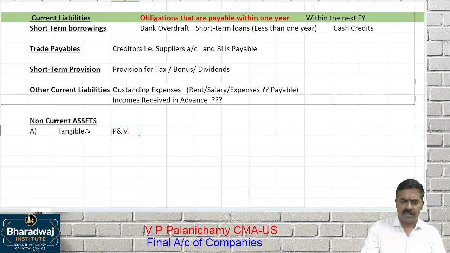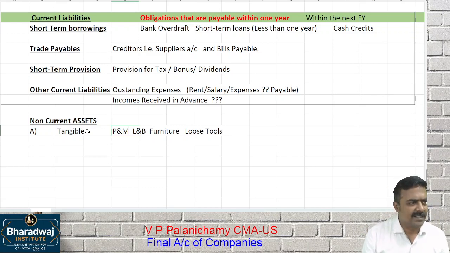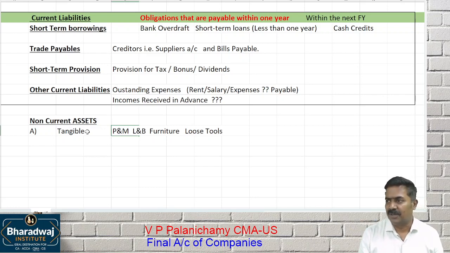Plant and machinery, land and building, furniture. Loose tools also. Loose tools are nothing but machine spares, parts, hammers, spanners, wrenches and all those things. Machine spares are called which one? Loose tools.